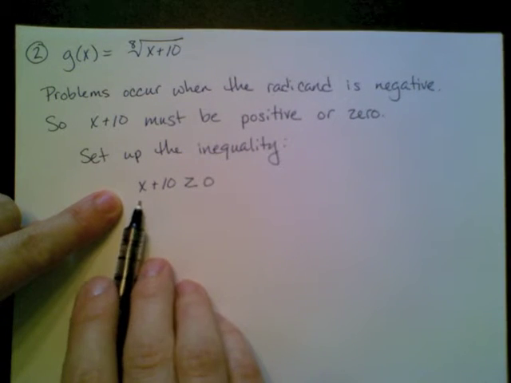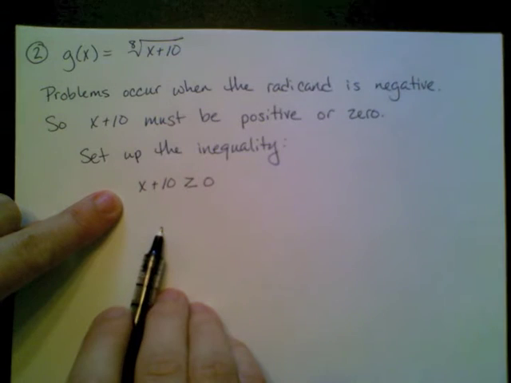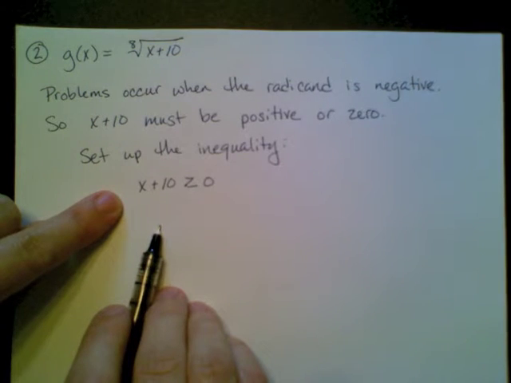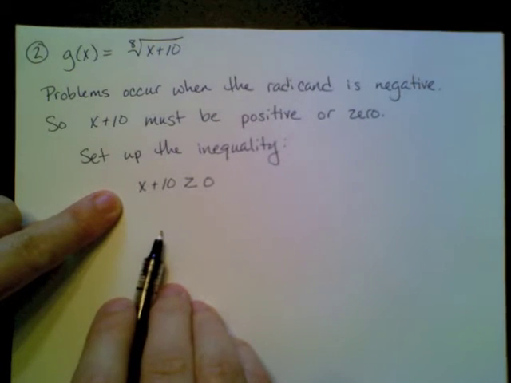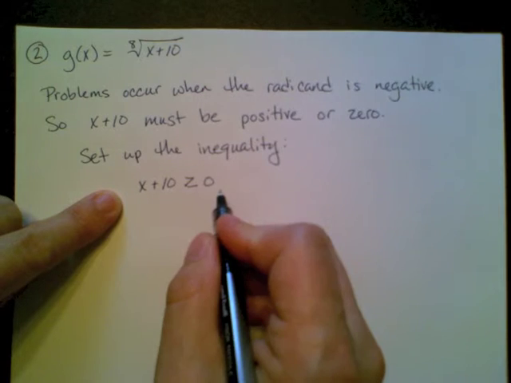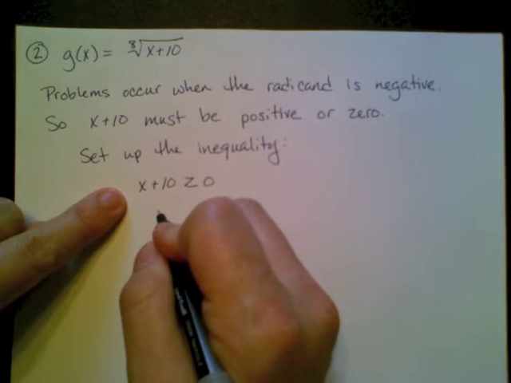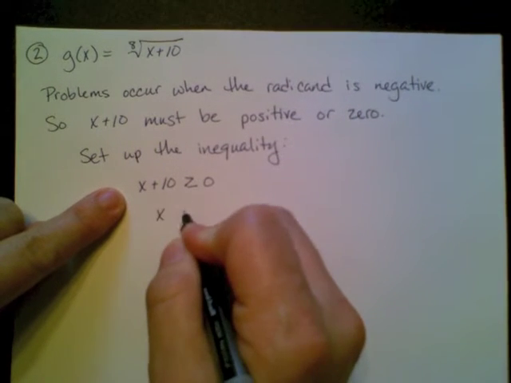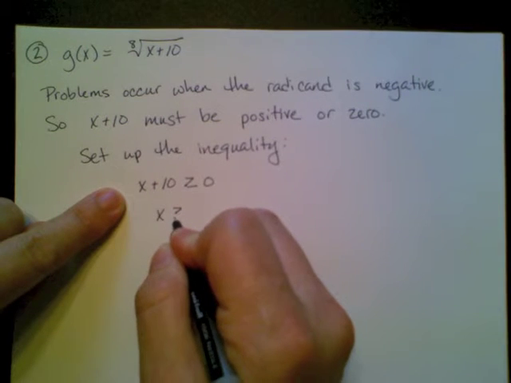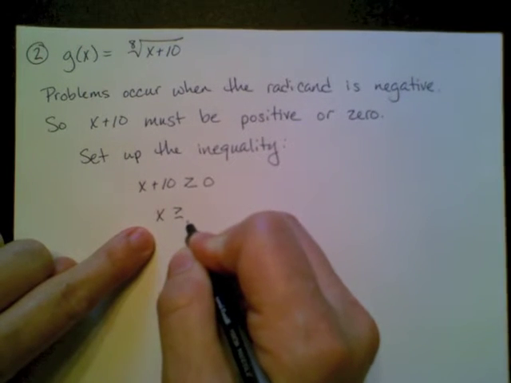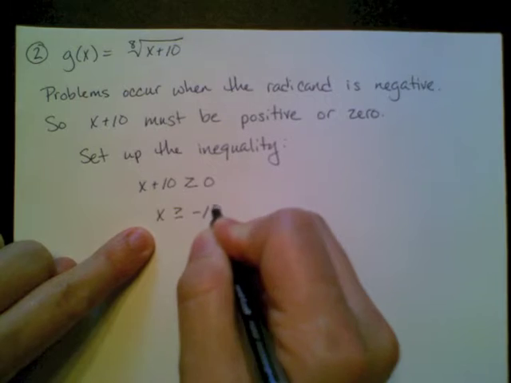And so when I solve this, my solution set will be all of the numbers that are in the domain, as opposed to in the first problem where we found all the numbers that were not in the domain. So this is a simple inequality to solve. I subtract 10 from both sides. I get x is greater than or equal to negative 10.